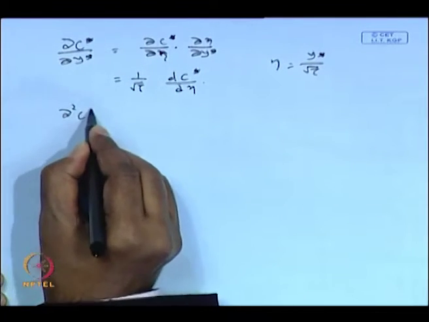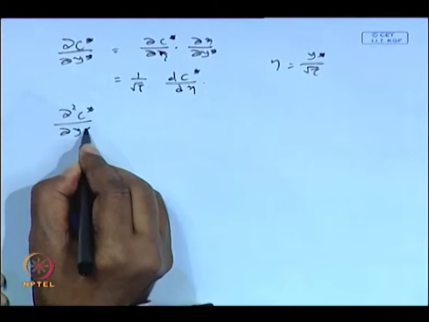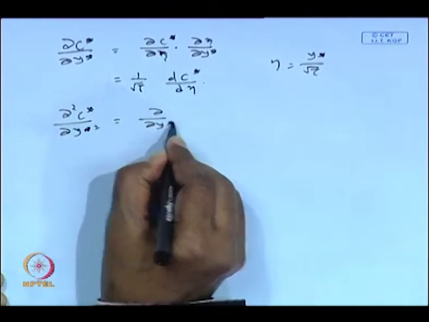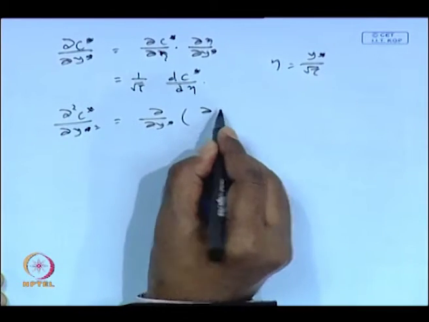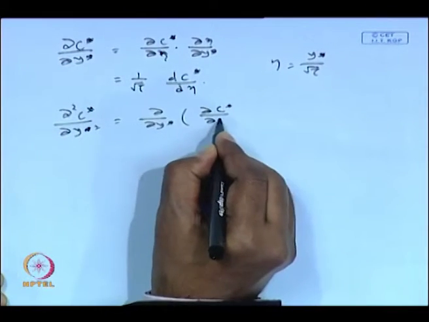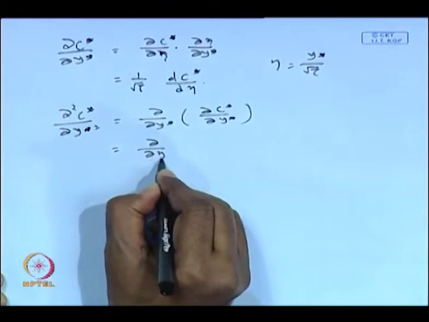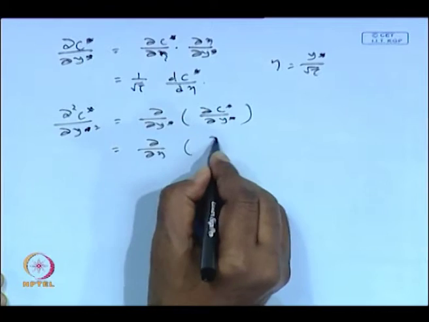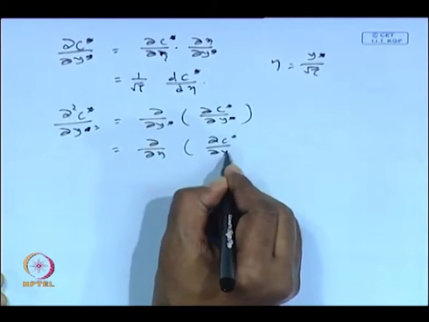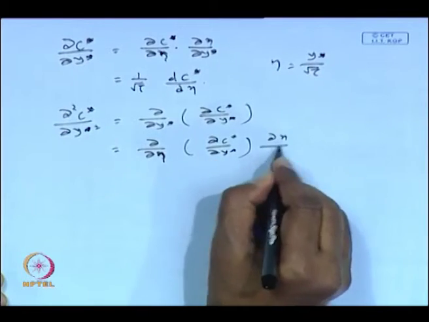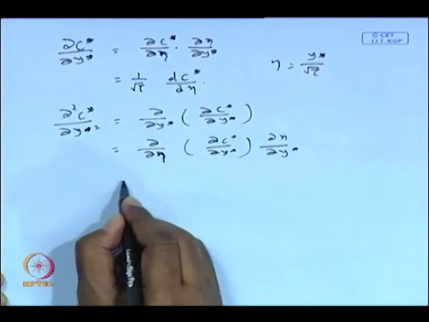And what is ∂²c*/∂y*²? It will be nothing but ∂/∂y* of ∂c*/∂y*, right. Now, I replace ∂/∂y* by ∂η/∂y* times ∂/∂η, using the chain rule of differentiation.